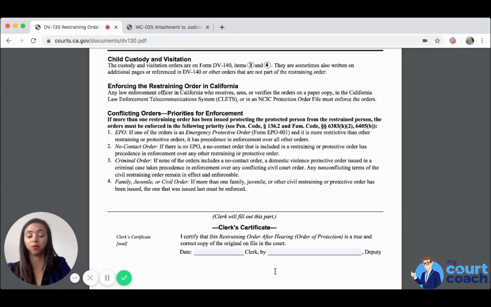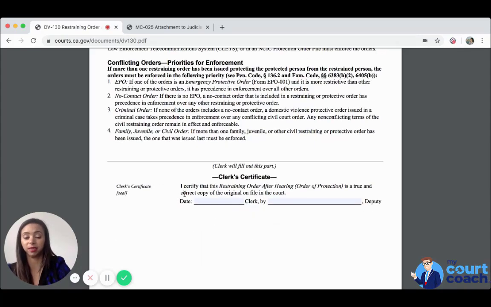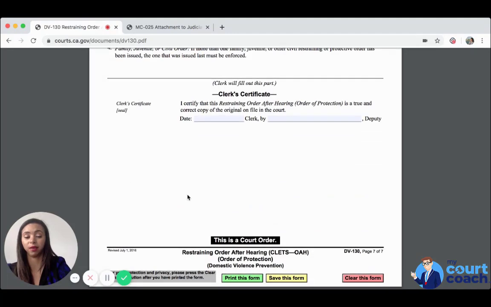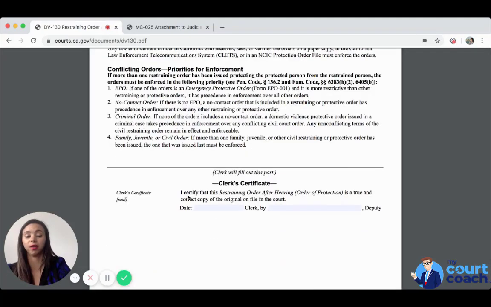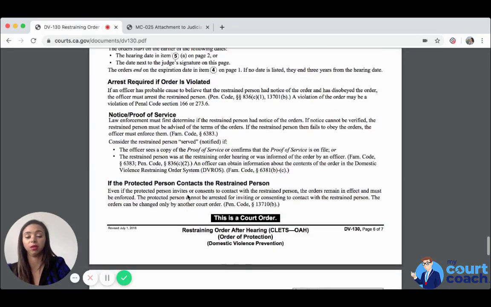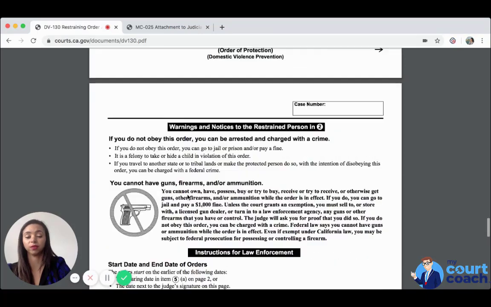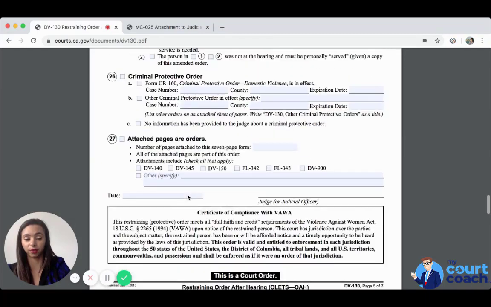So if there's more than one family, juvenile, or other civil restraining or protective order that's in place and that's been issued, the one that has been issued last must be enforced. The clerk must sign this, seal it, and that's what helps make it enforceable by law enforcement and to ensure the delivery and proof of service of the restraining order after hearing.